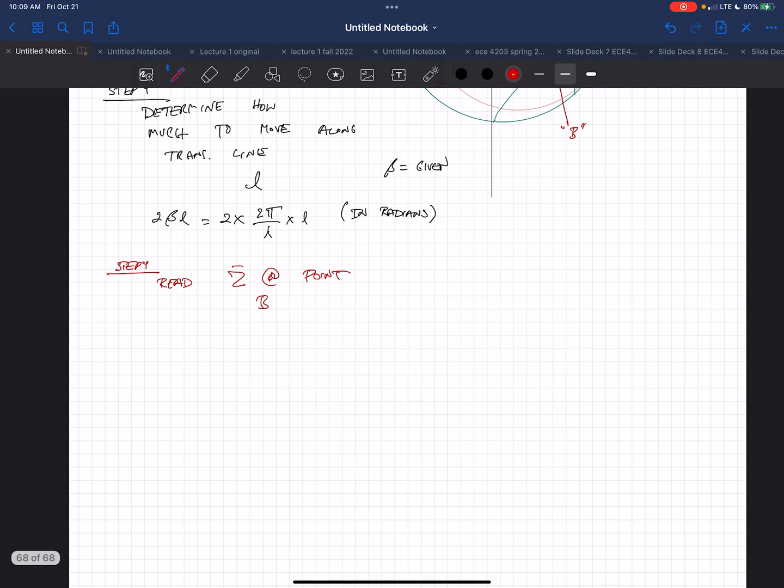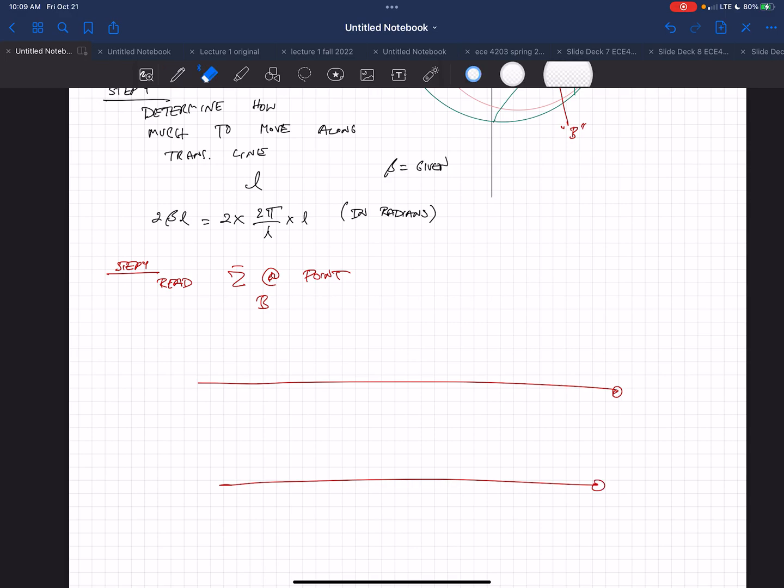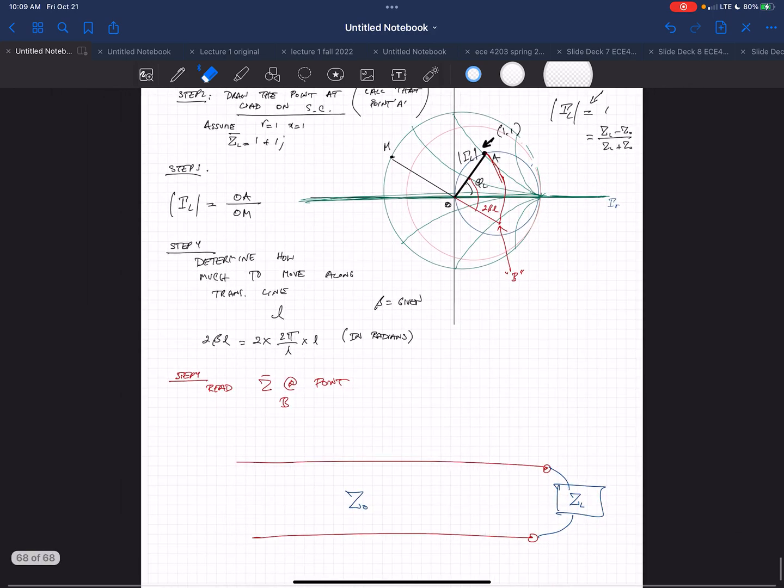So to remind you guys what we're doing here: we have a transmission line with some kind of a load, Z sub L, and characteristic impedance Z. At the initial point, I'm going to take the impedance of the load, draw it on my Smith chart, and just looking at the amplitude of that line, it's going to tell me my reflection coefficient at the load.